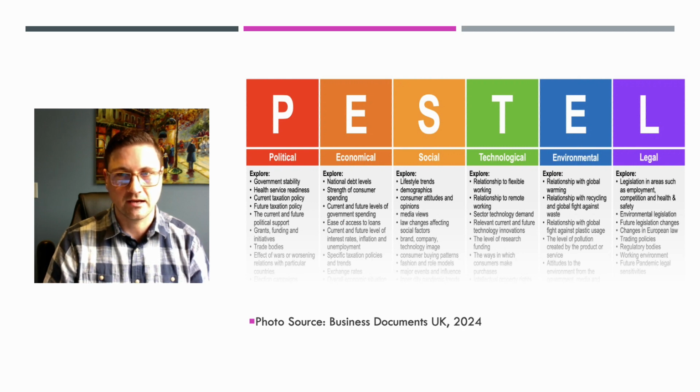And then at the end we have the E and the L, which take into account the environmental factors and the legal factors. Below each category, you can see a brief description. If you would like to explore those more, please pause the video at this time and take notes if need be.